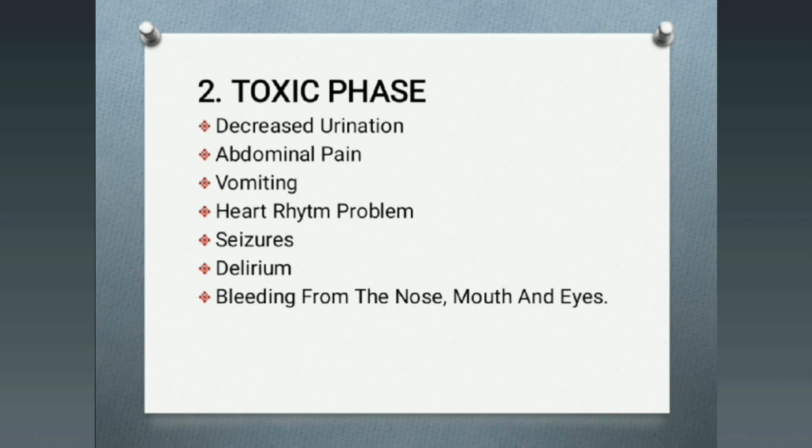Second one, the toxic phase: decreased urination, abdominal pain, vomiting, heart rhythm problems, seizures, delirium, and bleeding from the nose, mouth and eyes. It affects the liver.